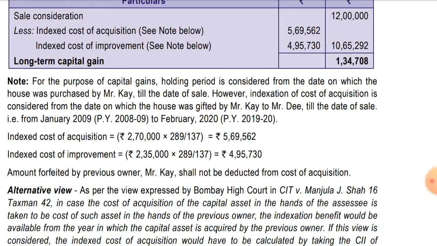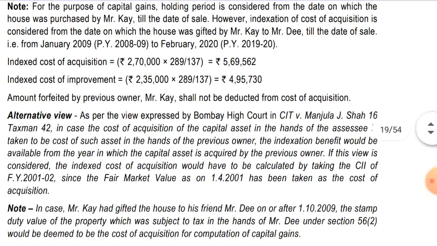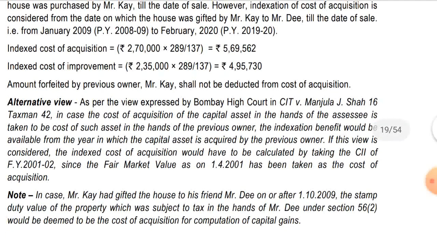Alternative view: as per the view expressed by the Bombay High Court in CIT versus J. Manjula Shah, 16 Taxman 42, in case the cost of acquisition of the capital asset in the hands of the assessee is taken to be the cost of such asset in the hands of the previous owner, the indexation benefit would be available from the year in which the capital asset is acquired by the previous owner, as I said.